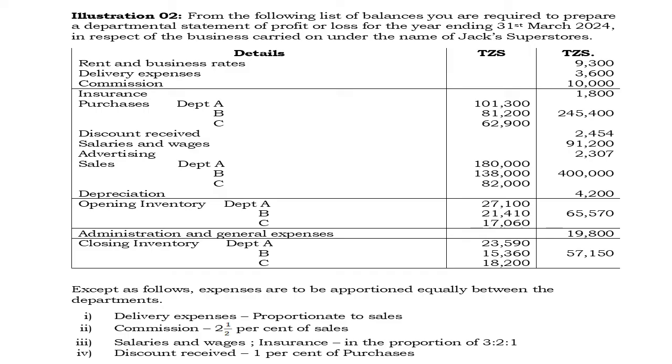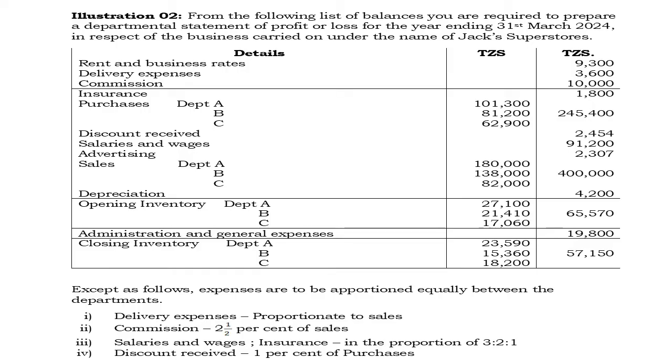So department A, the department with the higher sales, will take a higher proportion as compared to the lesser sales. Again, for salary and wages and insurance, a specific proportion is given.